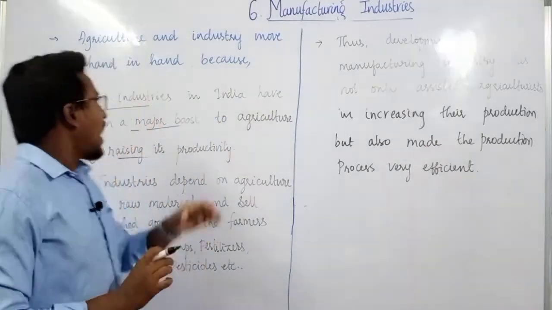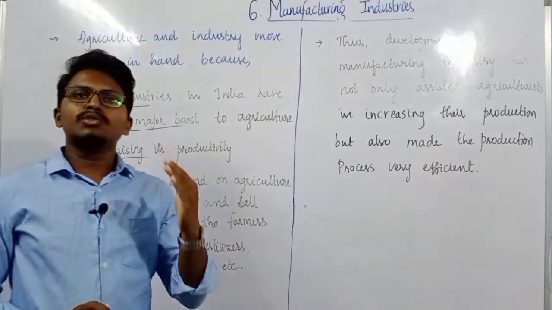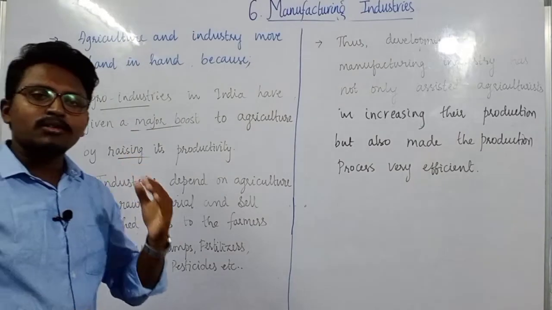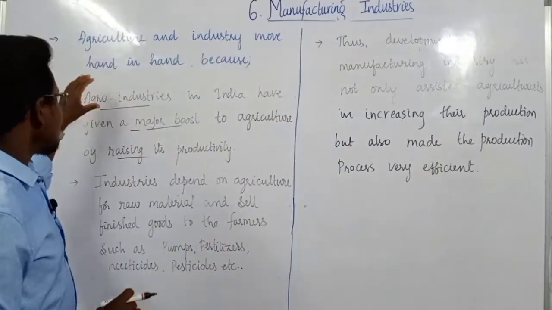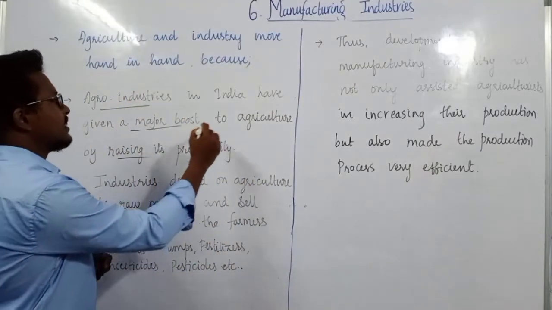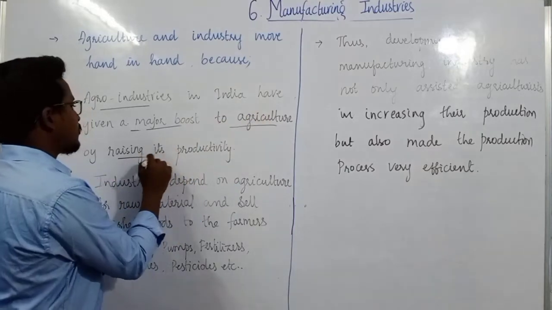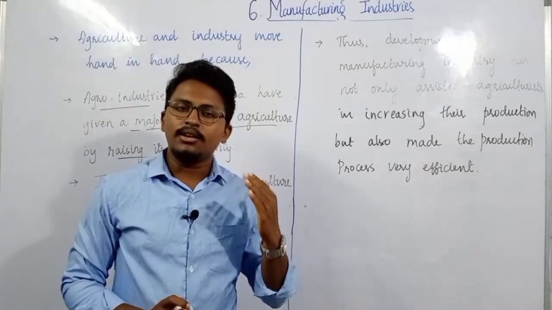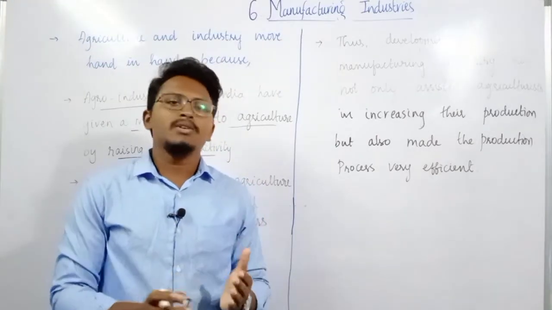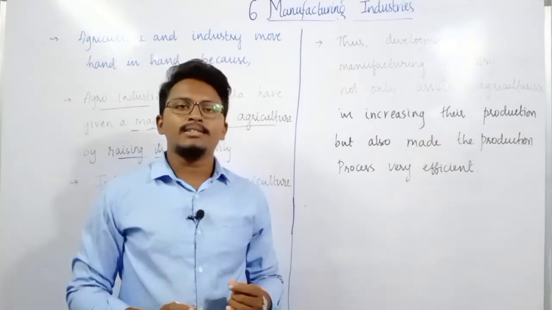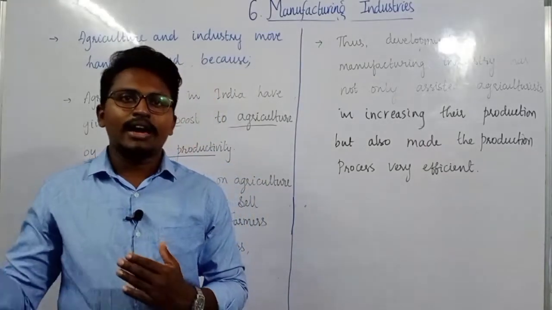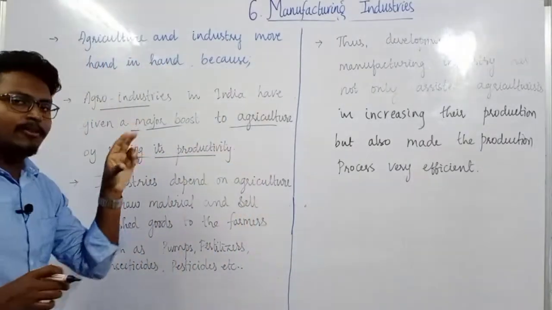Agro industries means those industries which depend upon agriculture. Because of these agro industries, agriculture has more productivity. Those industries which are dependent on agriculture require more raw material from agriculture, so automatically it is boosting the productivity of agriculture. So that is one very important thing.